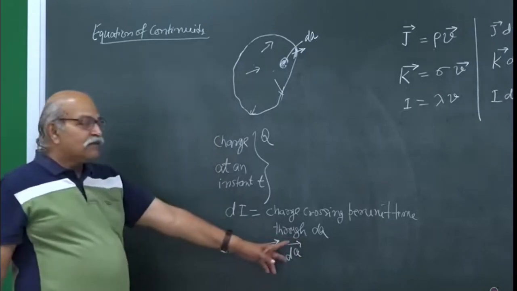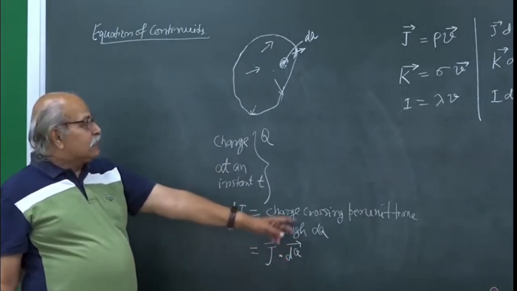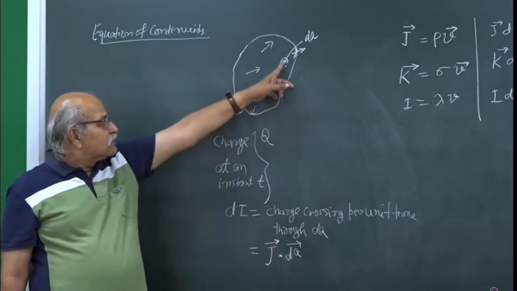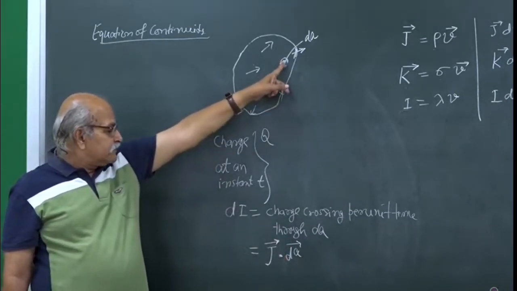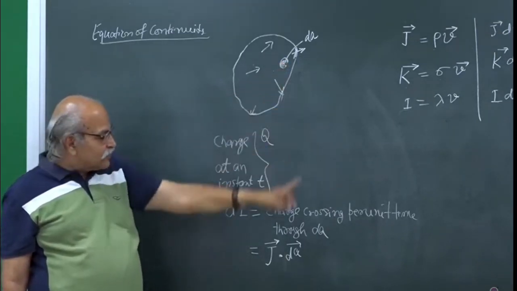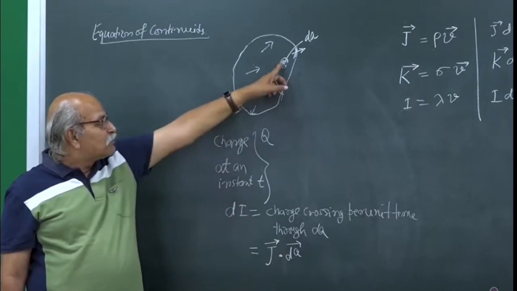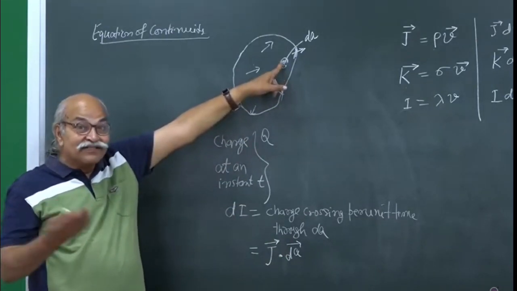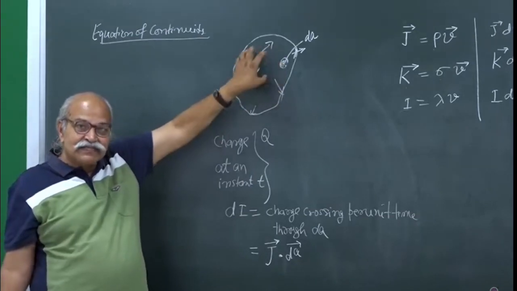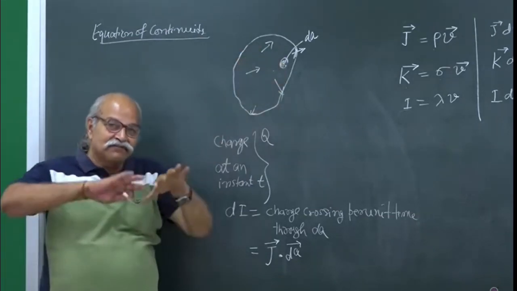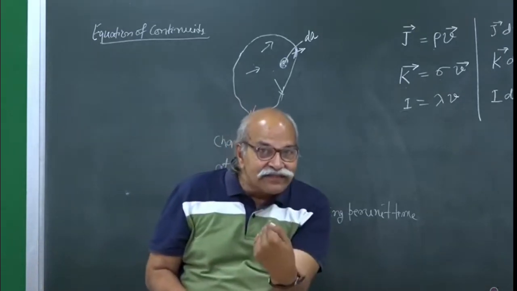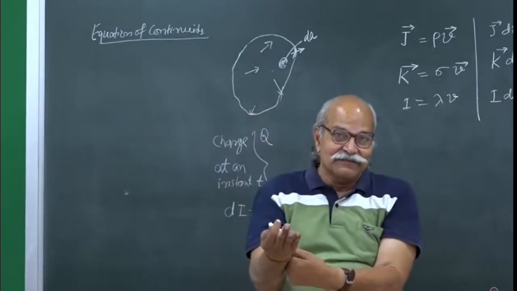What is the dA vector? The magnitude of the dA vector is the surface area itself, and the direction of this dA is perpendicular to that surface and going in the outward direction. Since it is a volume and we are talking of the surface of a volume, we can always talk inside the surface and outside the surface.